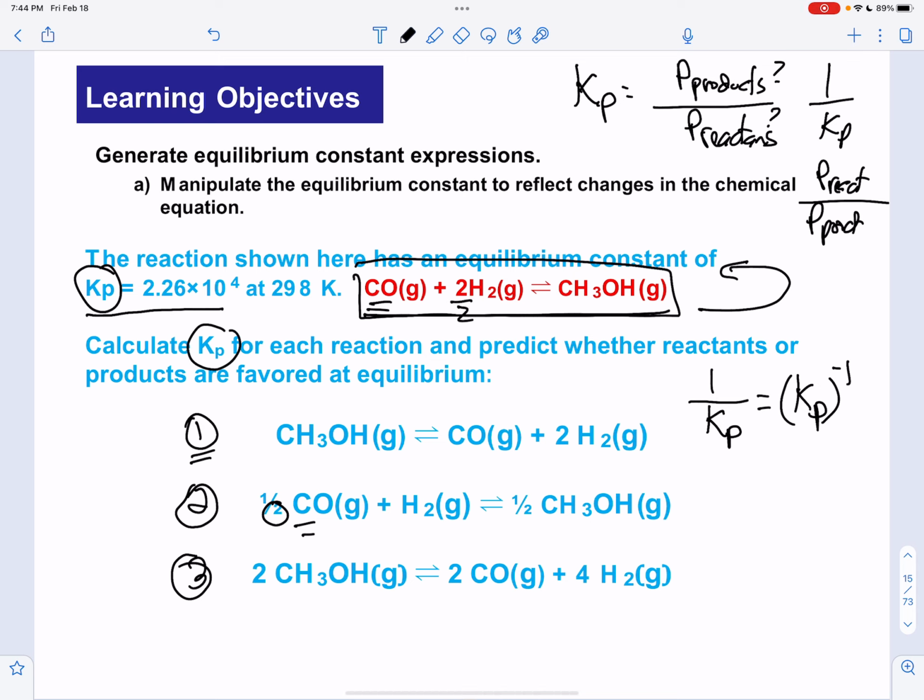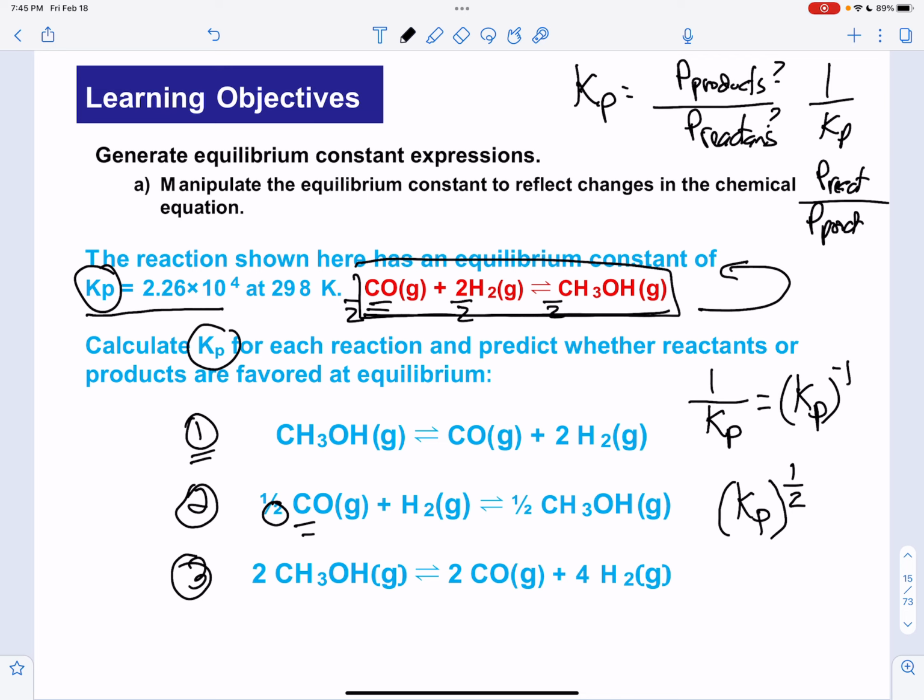So in a case like that, we take the Kp and elevate it to the factor that we're using, which is 1/2, or divided by 2. We do it with the power. It's not divided by 2, but the power is going to be the factor that you're using to change the reaction.